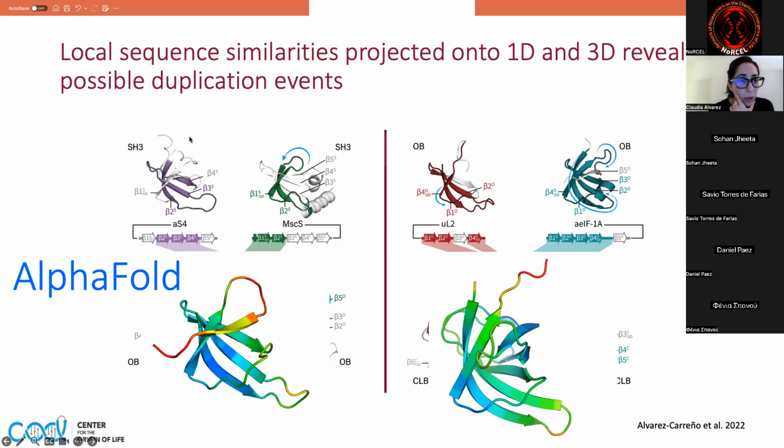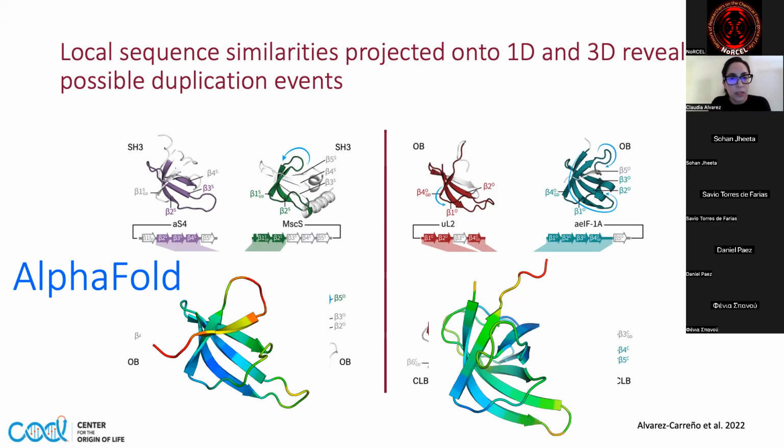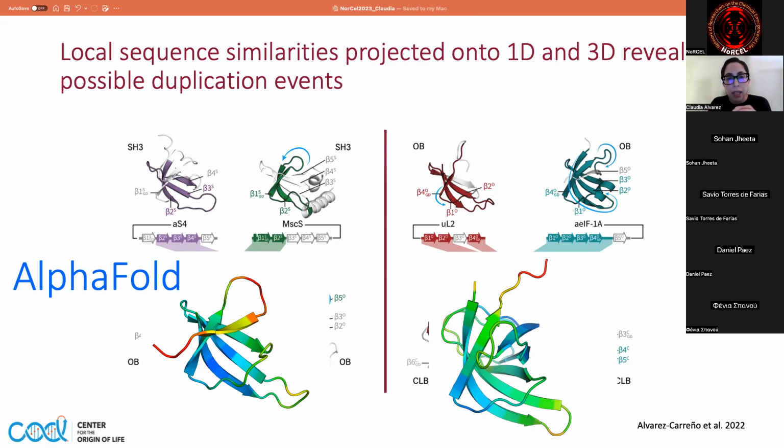I showed you in detail the story of the SH3-OB relationship, and I didn't go into detail on the OB-CLB relationship, but the story of the OB-CLB, the one on the right, is not only the story of creative destruction, but it's also showing that this mechanism allows nature to put more complexity in protein structures. So it may not always be the case, but this is a mechanism which generates not only diversity, but increased complexity.